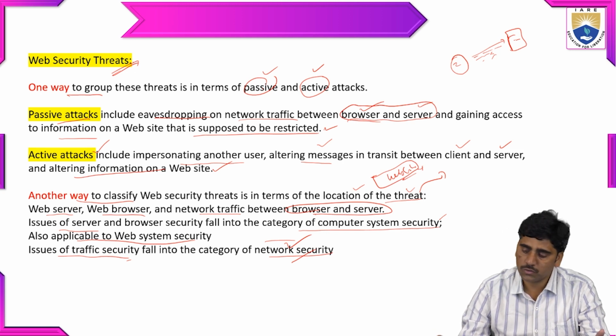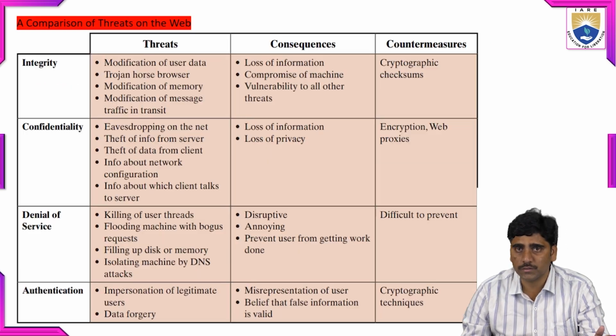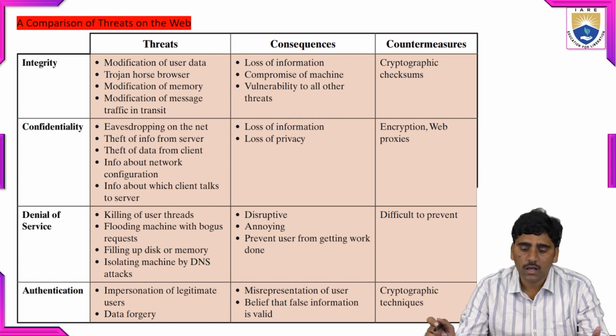So here the active attacks and passive attacks are normal attacks that use different techniques, policies, or mechanisms to modify the user's information or the website's information. Here I will present a comparison of the threats on the web.